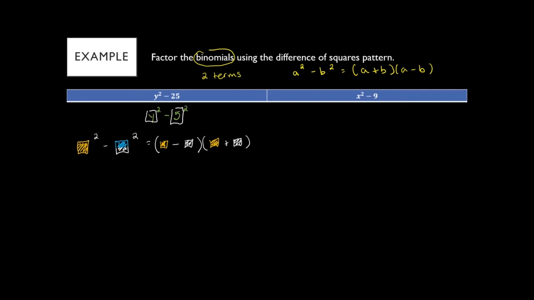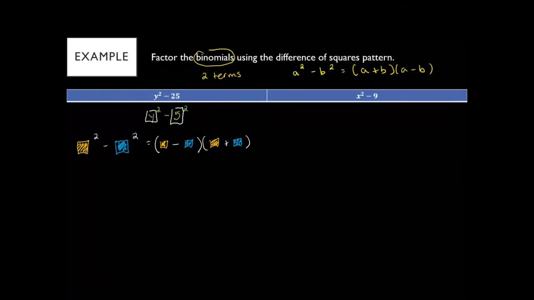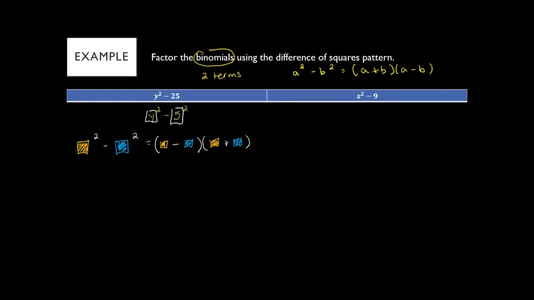And then let's say the second thing is blue, and that goes in the back. So if you don't like to see it with variables, you can look at it as colors to kind of see the pattern here. So we have y squared minus 5 squared. The y is basically the orange, the 5 is the blue.